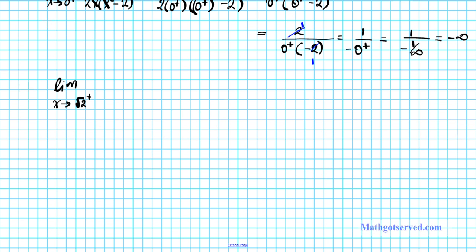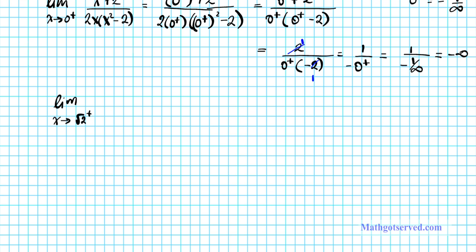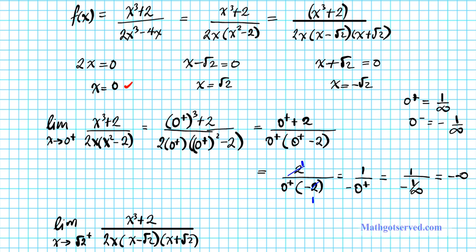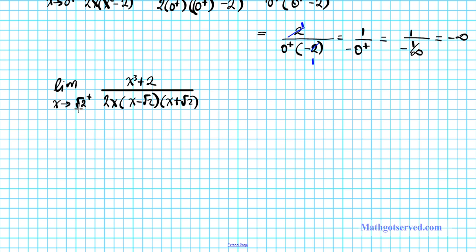So we're going to have x to the third plus 2, divided by 2x times x minus root 2 times x plus root 2. Alright, we're going to find the limit, just making sure, as x approaches root 2 from the right of this entire expression right here. Okay, so let's go ahead and plug that in.